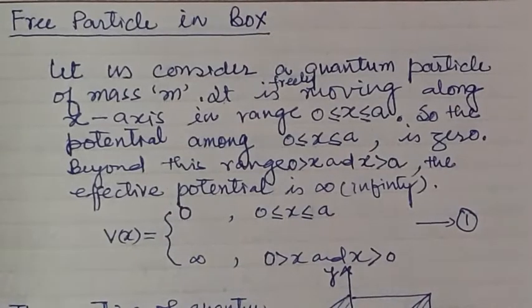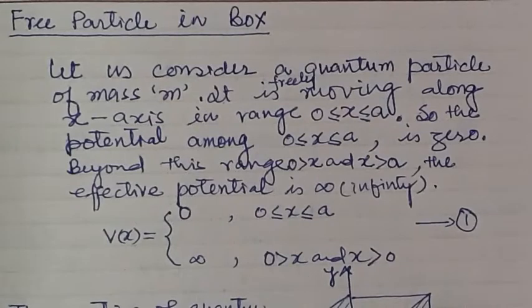A free particle in a box. Let us consider a quantum mechanical particle of mass m. It is freely moving along the x-axis in the region of 0 to a. a is the size of the box, and since the particle is considered free, its potential in that particular region is 0.